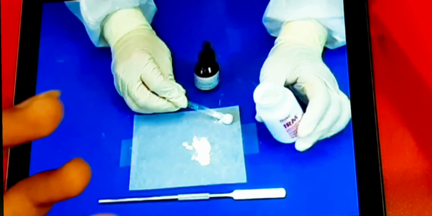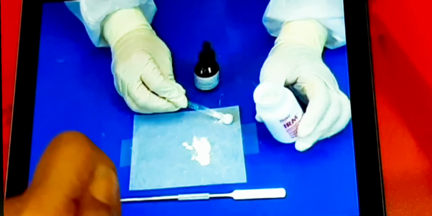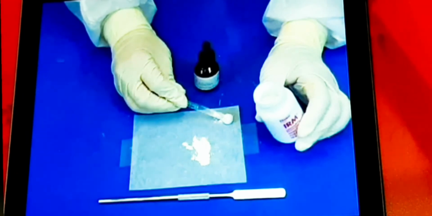Now the bulk of powder and liquid should be mixed well with the spatula. There will be a pseudo thickening of that. Now the remaining small increments are also added into the liquid, and rapid spatulation is carried out till a homogeneous mix is formed. So this is the method.